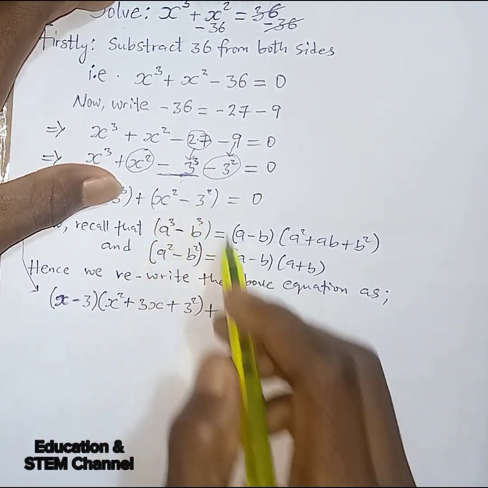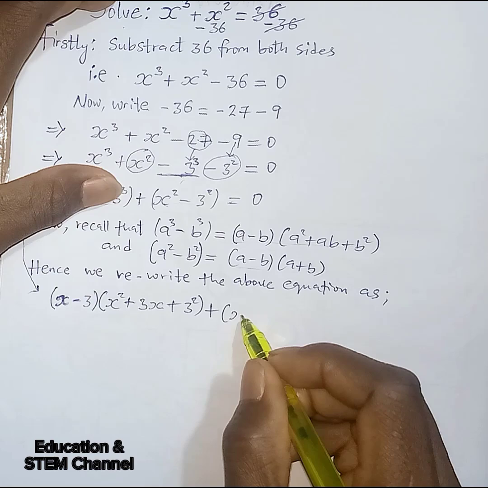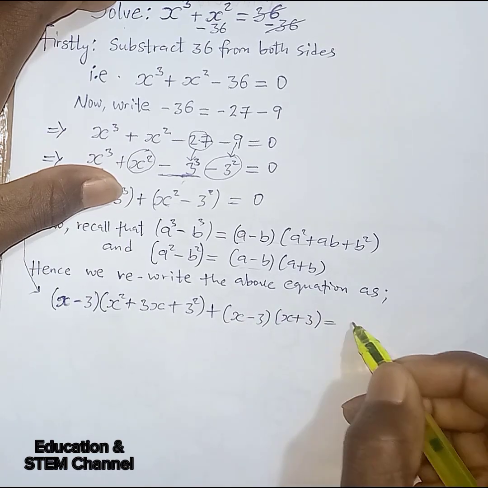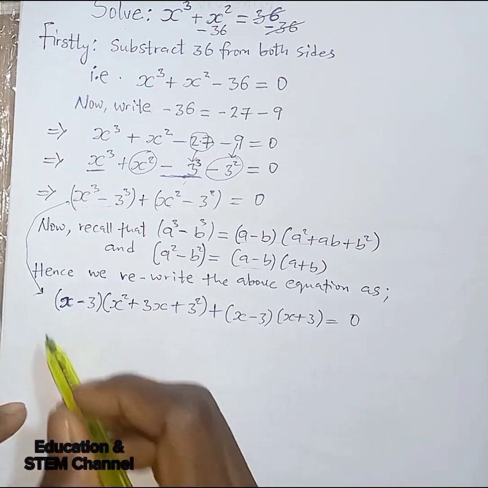Okay, then for the difference of two squares, we have x minus 3 times x plus 3. Okay, everything equal to 0.